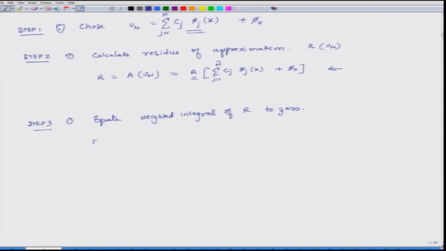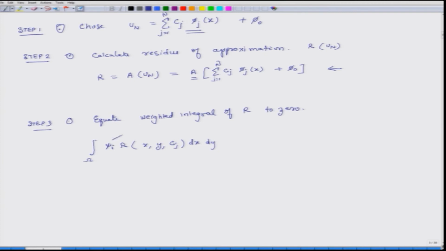So, the mathematical statement for this is I am going to integrate over domain omega. My r depends on u_n, so it is a function of x, y, C_j, dx dy, and I am going to multiply it by some weight function psi.